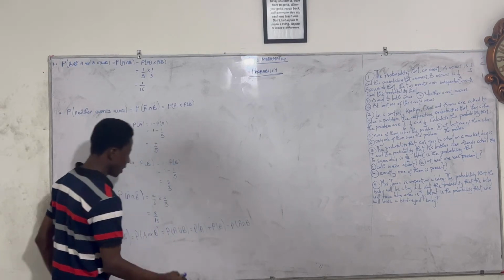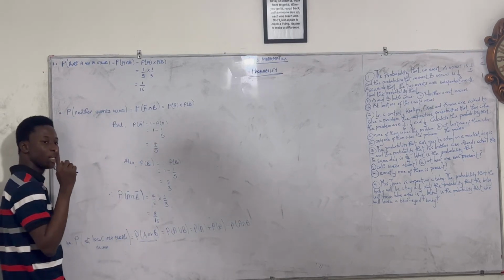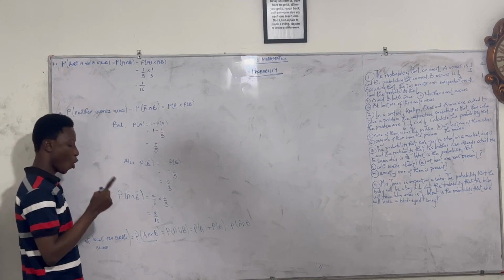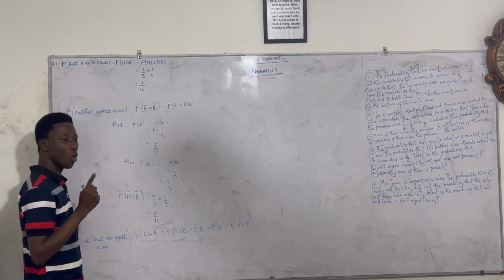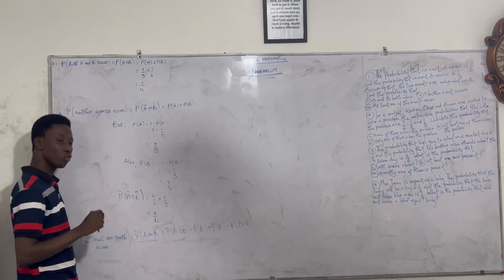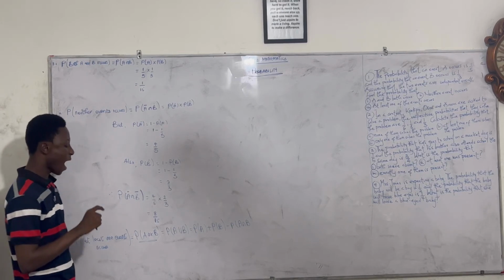I told you this is read as the probability that A occurs, or the probability that B occurs, or the probability that both A and B occurs. That's how this is read.